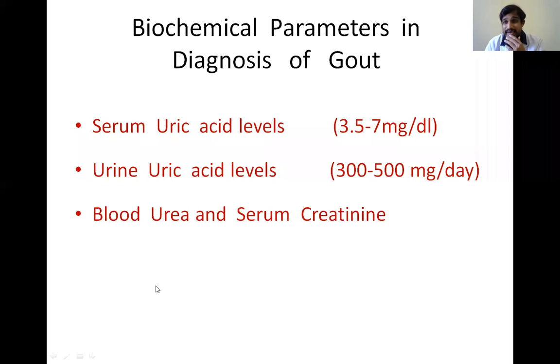Blood urea and blood creatinine are also estimated, because uric acid is also excreted through the kidneys. So if there is any damage to the kidney, then uric acid levels can also accumulate. That's why we check the renal functions, urea and creatinine. If serum uric acid levels are increased, then we can suspect gout. And similarly, if uric acid levels are decreased in urine, then also it indicates gout.